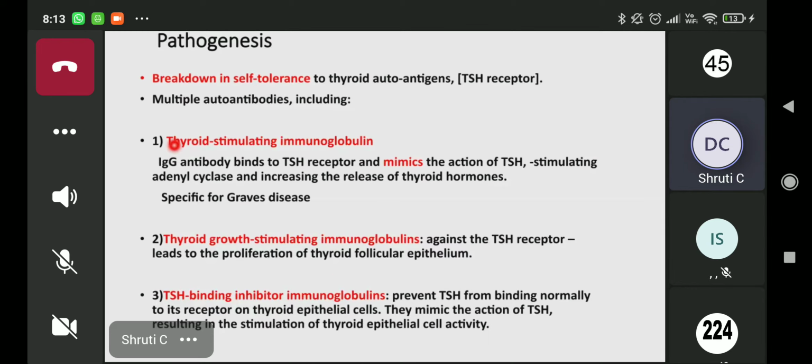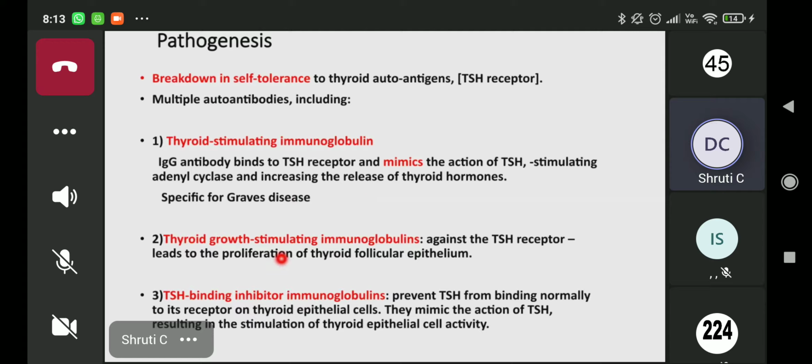So what happens? This immunoglobulin is a type of IgG antibody which binds to the TSH receptor. So the TSH is not binding to the TSH receptor, but this antibody is binding, and it will mimic the action of TSH. Thus it will stimulate adenylyl cyclase and increase the release of thyroid hormones.